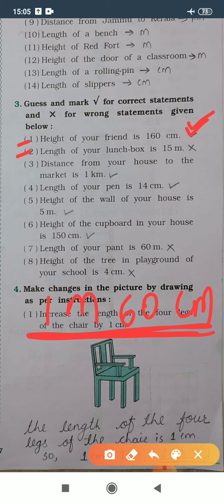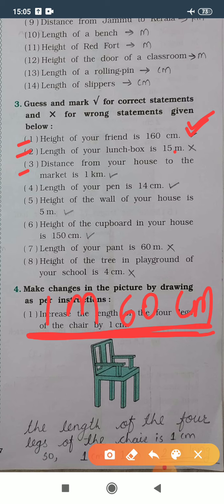Number 2, length of your lunch box is 15 meter. So no, a lunch box is very small, it cannot be even 1 meter, so 15 meter is too big. So this statement is wrong, so you need to put here one cross. Number 3, distance from your house to the market is 1 kilometer.